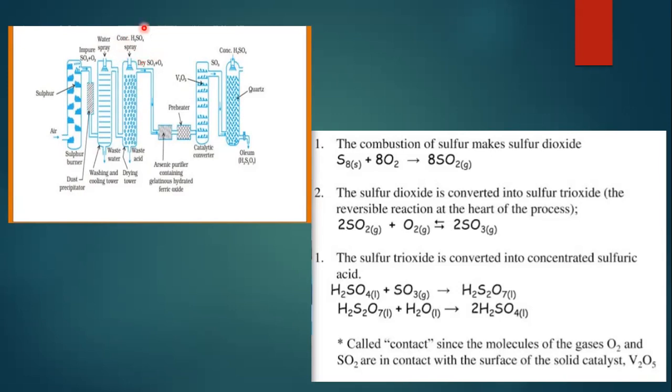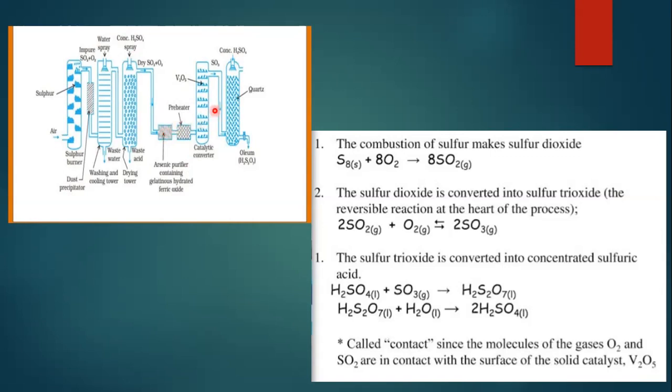As we all know, sulfuric acid is a very good dehydrating agent. So it dehydrates the moistened gas and converts it into dry sulfur dioxide and unreacted oxygen. Then it is moving to the arsenic purifier.